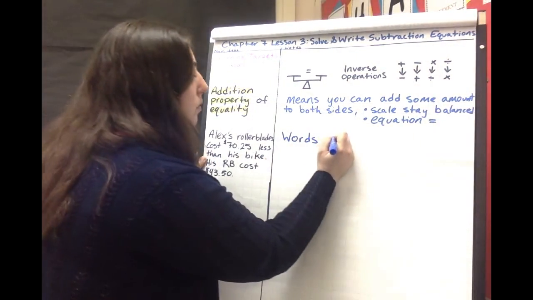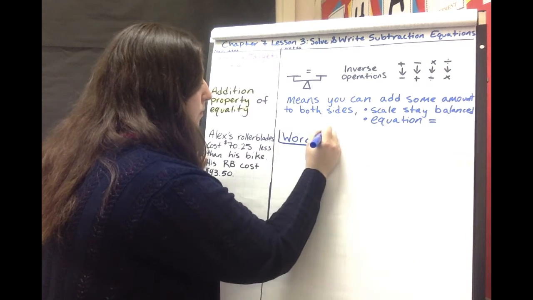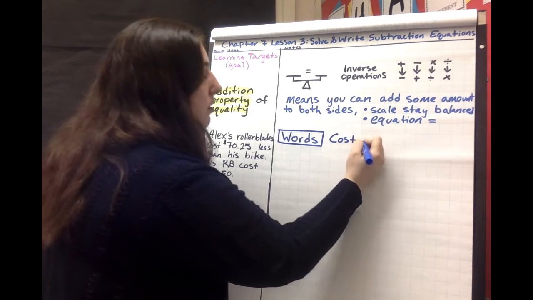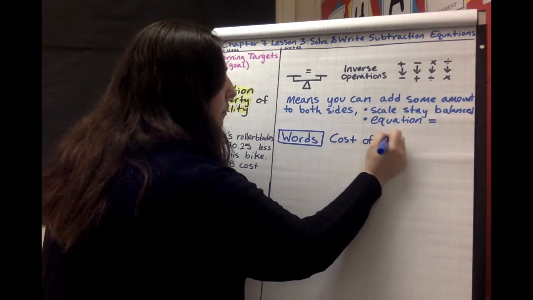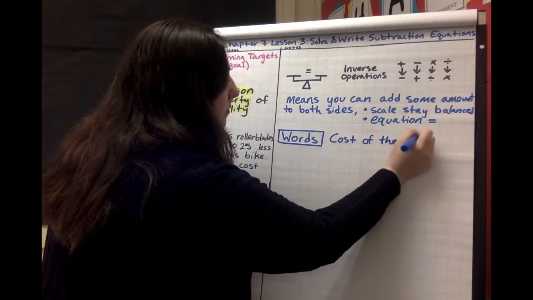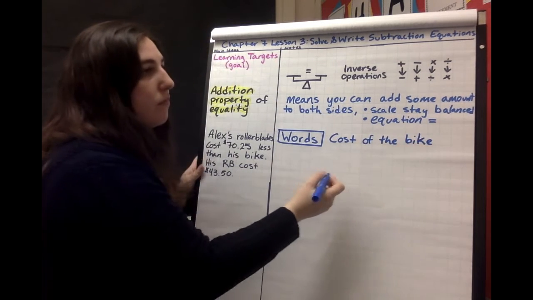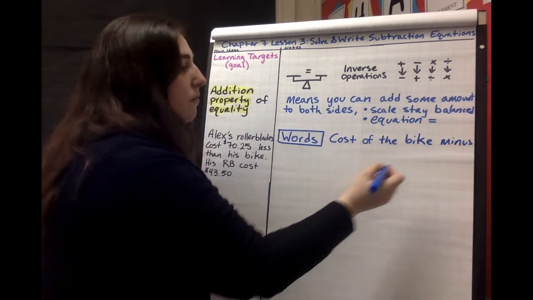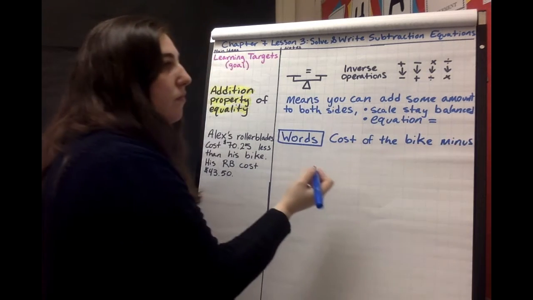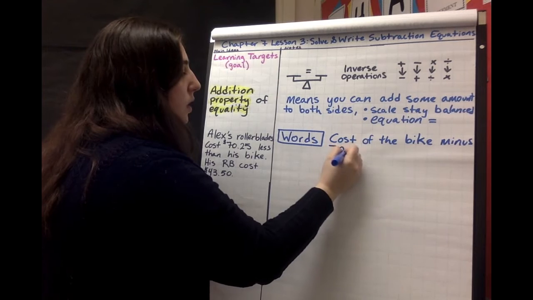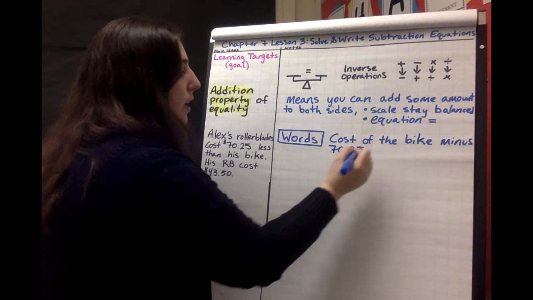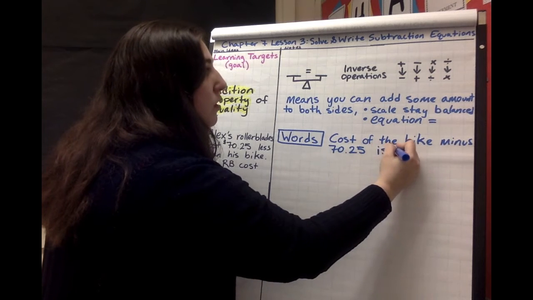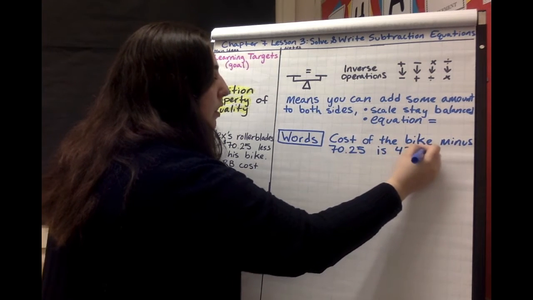Okay, so cost of the bike minus $70.25 is $43.50.